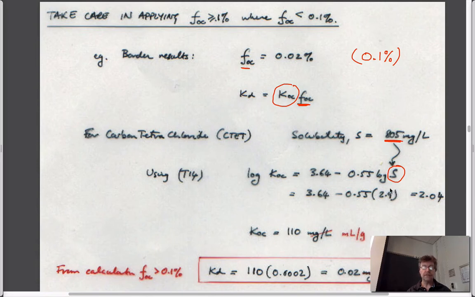Plug and chug with everything in this, we end up with the log of this of 2.04. If we take 10 to the x, with 2.04 as our value of x, we end up with a value of not log KOC, but KOC equal to 110 milliliters per gram.